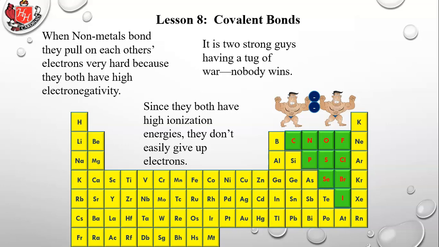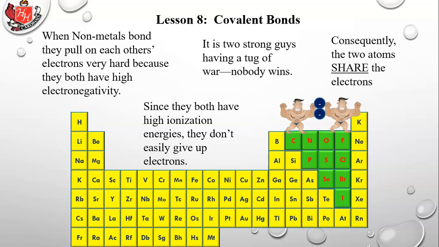They can't pull them away from each other because they both have high ionization energies and don't give up their electrons easily. Consequently, the two atoms just agree to share the electrons. So there you go, two strong guys pulling on each other's electrons, but neither one can win the battle, so they end up agreeing to share the electrons.